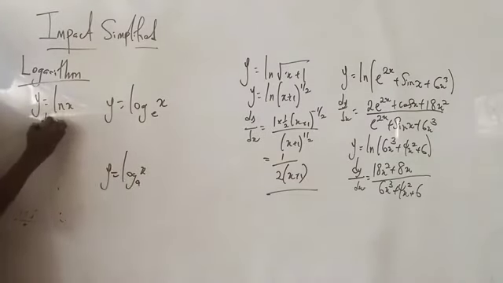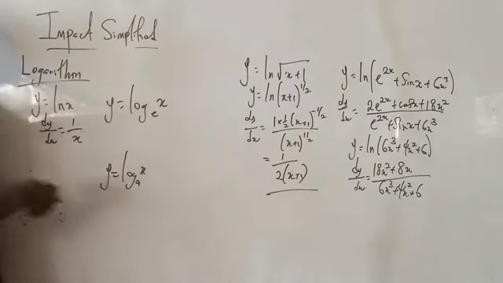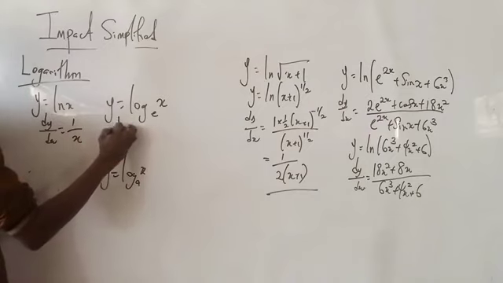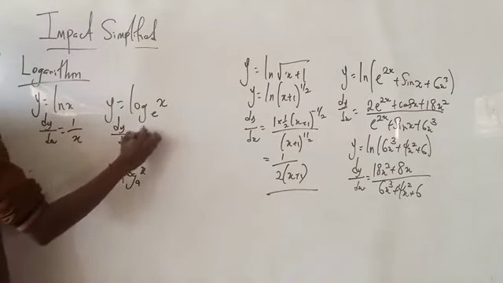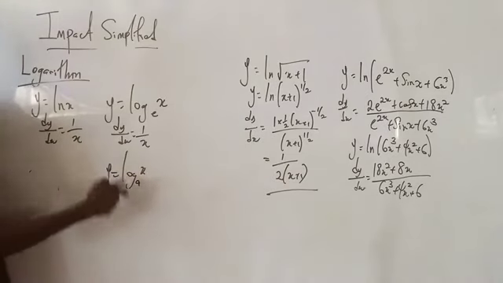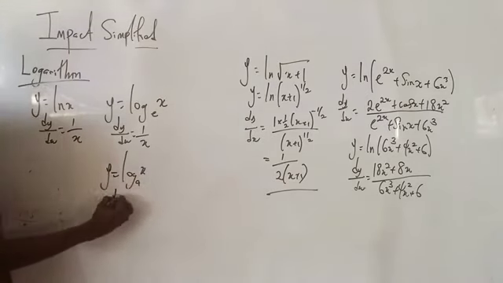So when we are talking of y equals ln x, how do we solve it? You solve it normally. You just differentiate ln, we drag it down, and then that means you differentiate your denominator. You write your answer in the numerator. The same thing here, we have it as well. dy/dx will give us 1 over x. But when we are having log x base a, how do we solve this?